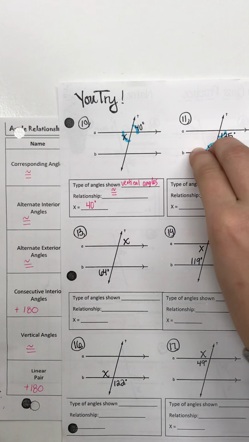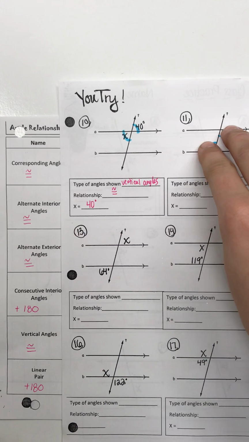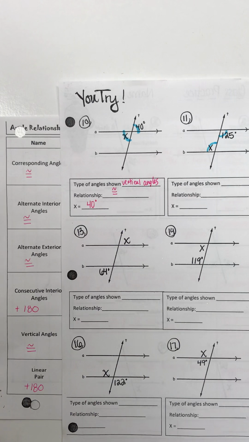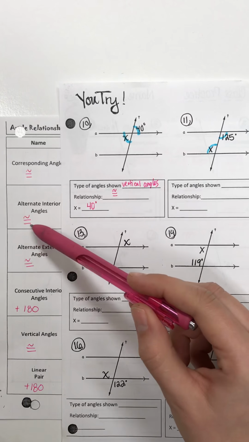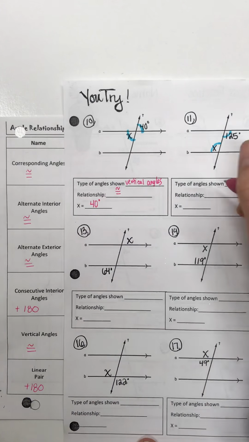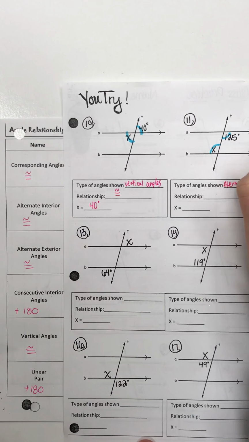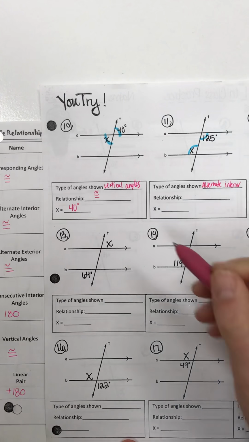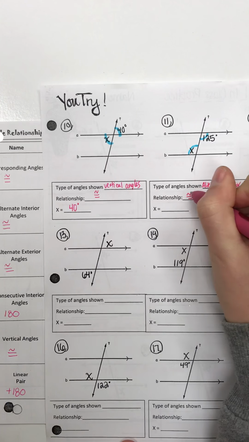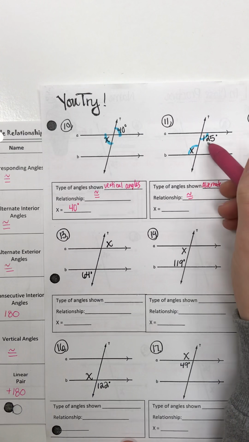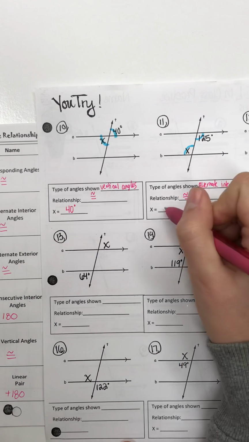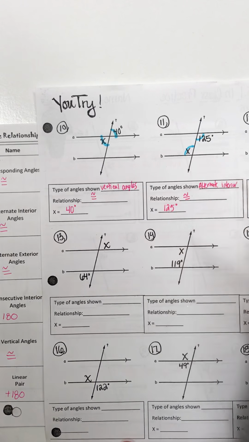So inside the parallel lines makes it an interior angle, and on opposite sides means they're alternating angles. So it's an alternate interior angle. Alternate interior angles are congruent, which means if they have the same measure, angle x is also 125 degrees.